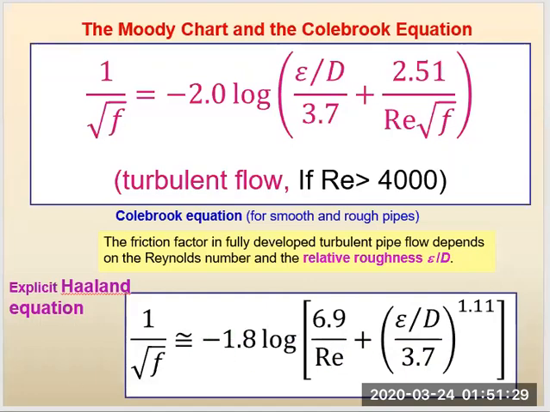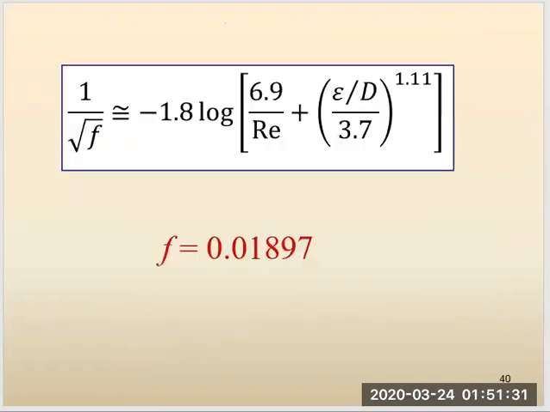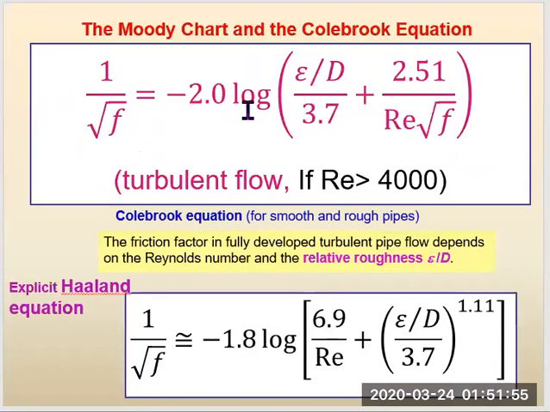If you use the Haaland equation, F is around 0.01897. This is the value of the Darcy friction factor that I actually calculated using the first equation.